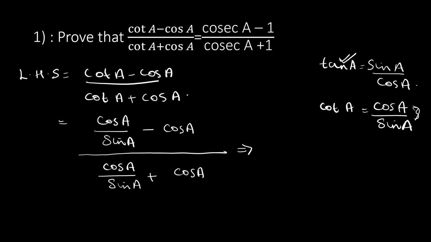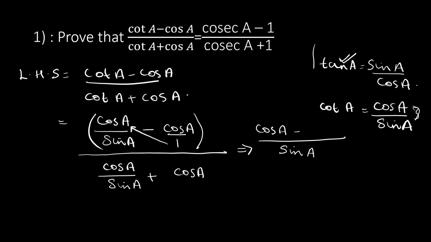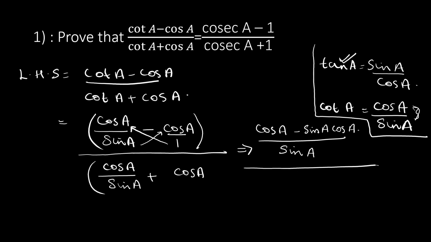Now here we'll first do this: the denominator, we'll take the LCM as sin A. In the numerator this becomes cos A into 1, that is cos A, minus sin A cos A, divided by, now we'll see this denominator.